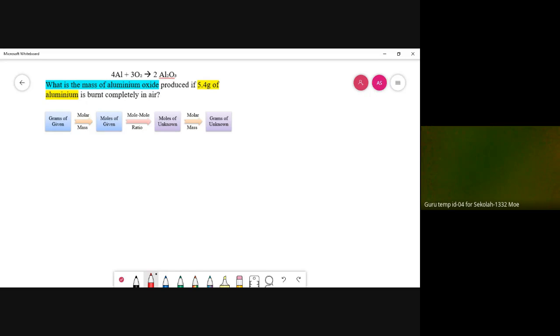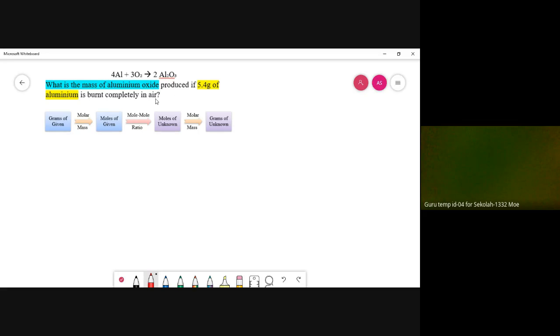So first, as you can see on the screen, I have one example: 4 mole of aluminium reacts with 3 mole oxygen gas to produce 2 mole of aluminium oxide.